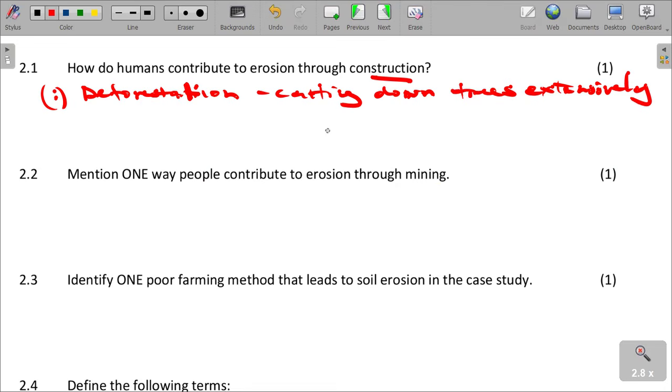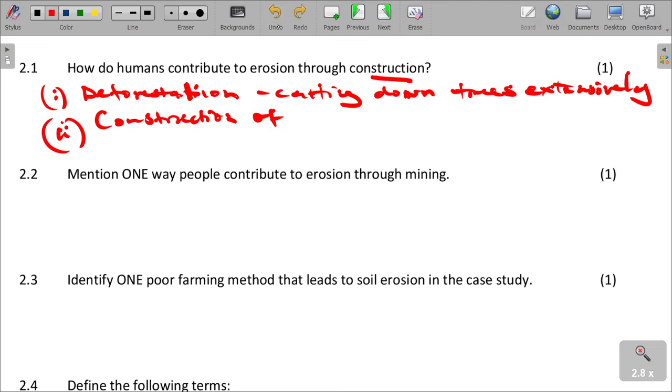And then we can also talk about the construction of storm water drains.